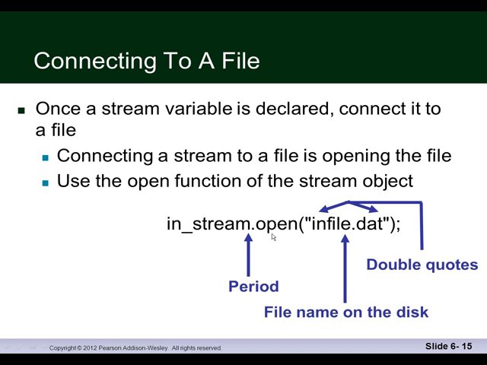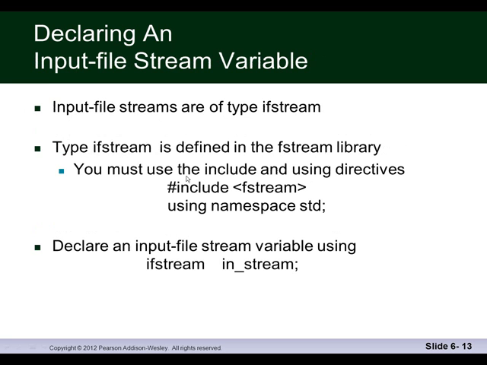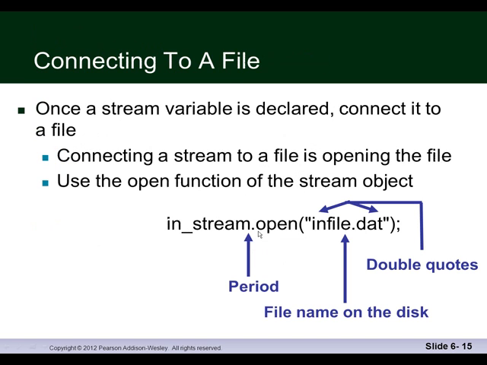So this open function belongs to the class of what? What class was for instream? What did we use for instream? ifstream. Okay, so that open right here is a function that belongs to ifstream as a blueprint.